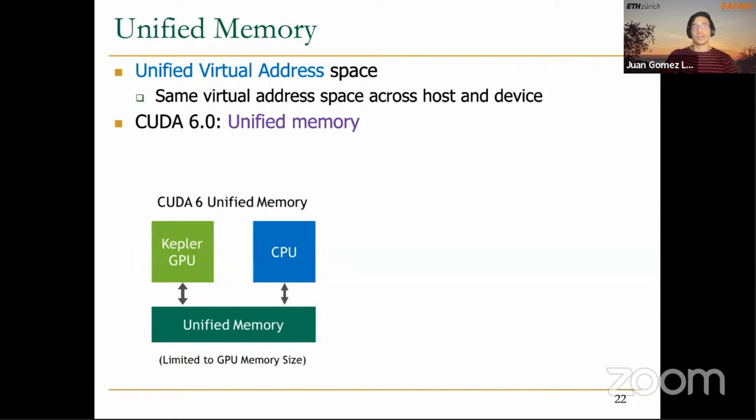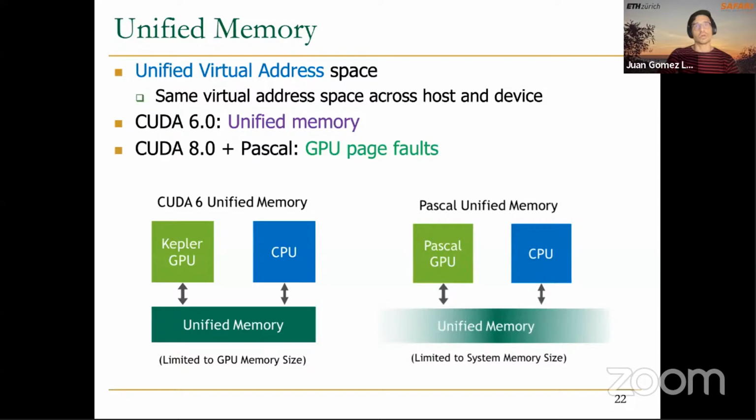And back then, this unified memory, as we are going to see today, was already able to handle the memory allocation and the data transfers transparently to the programmer, already saving a lot of effort to the programmers. But still, it wasn't a really coherent memory space that is seamlessly integrated for CPU and GPU.